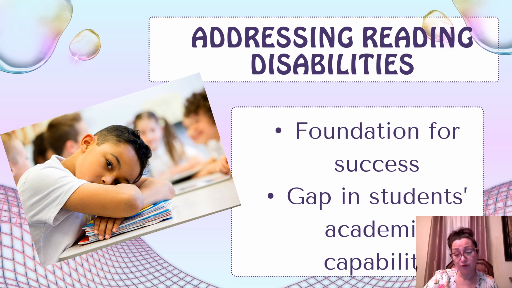By the time they get to fourth grade, I teach fourth grade, the gap is pretty big in their academic skills when they don't know how to read. So that's why it's important to target and address these reading disabilities at an early age.